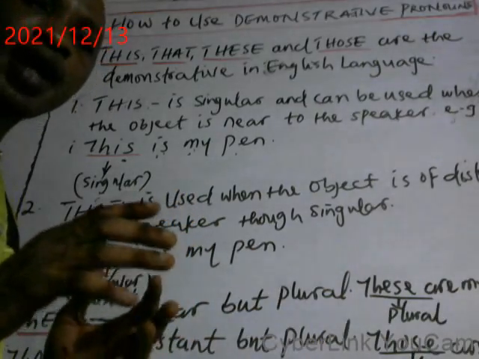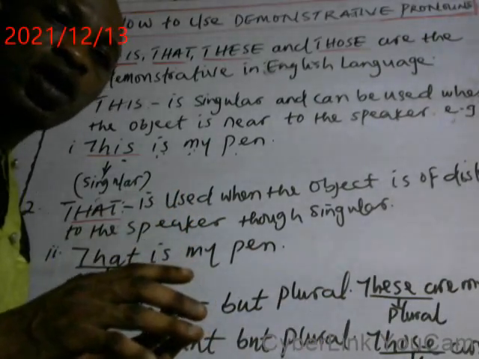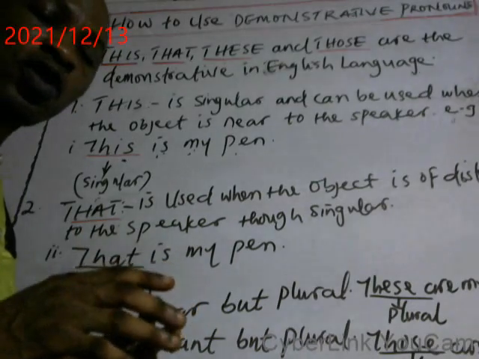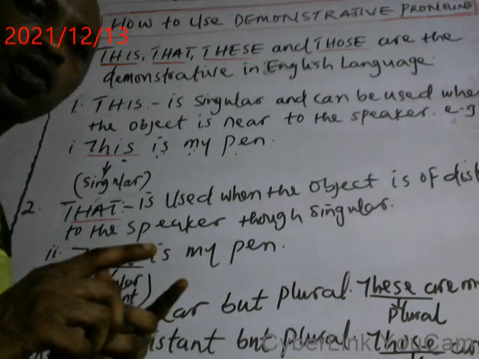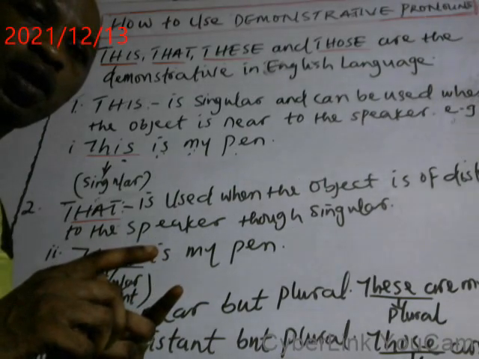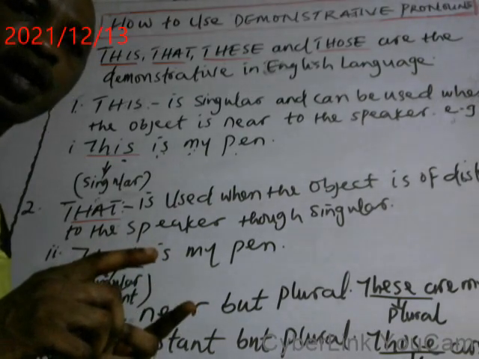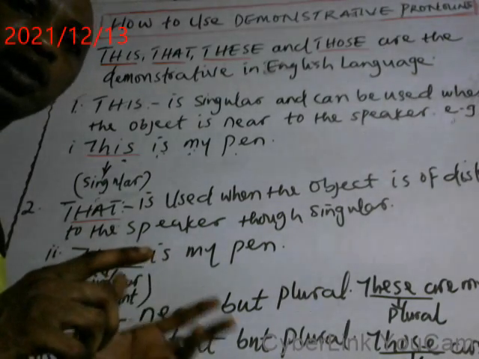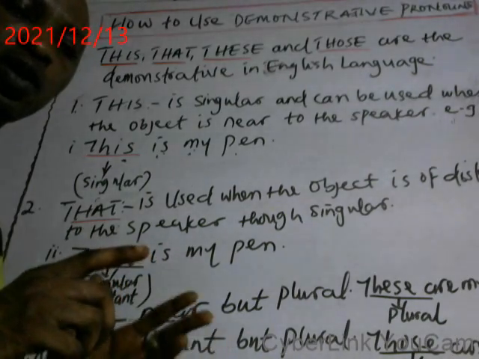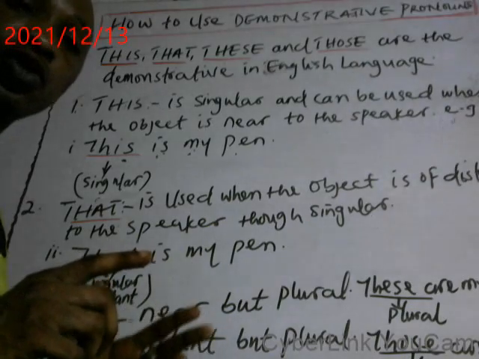Why did I use those? I can use those because, one, the object I'm referring to is plural. You get it? I have more than one of the object I'm referring to. Therefore, I can use those.